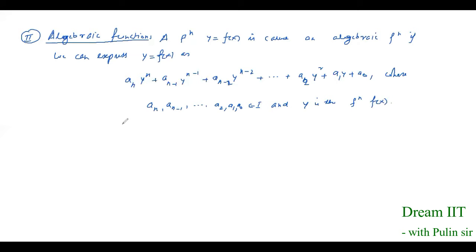That means, if we can find a polynomial in y, equal to 0, which is satisfied by y, that is y equal to f(x).